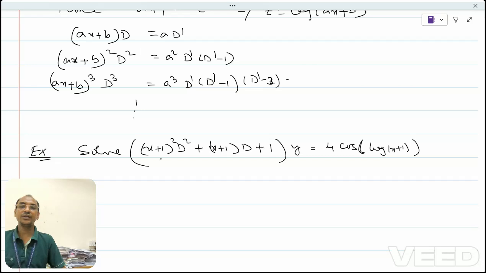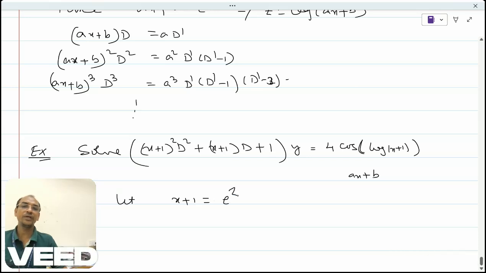Now you see that this is in the form ax plus b, where a equals 1 and b equals 1. So what will we consider here? We will consider the transformation: let x plus 1 equal to e to the power z, and then z will be nothing but log of x plus 1.